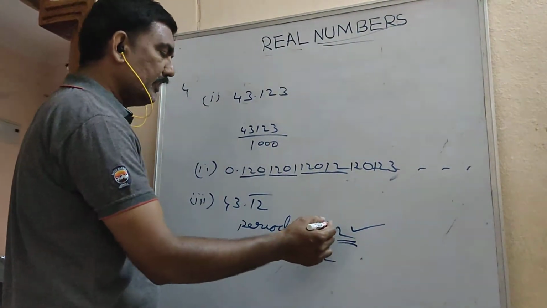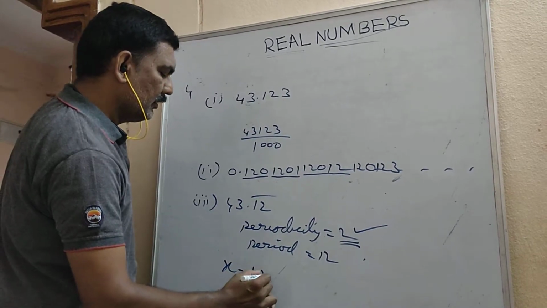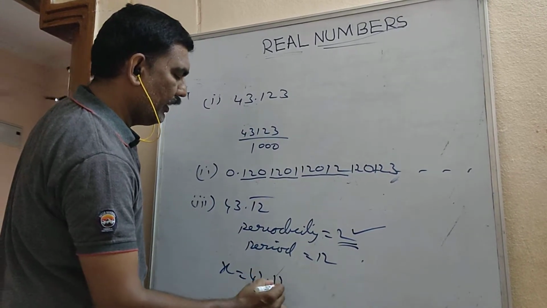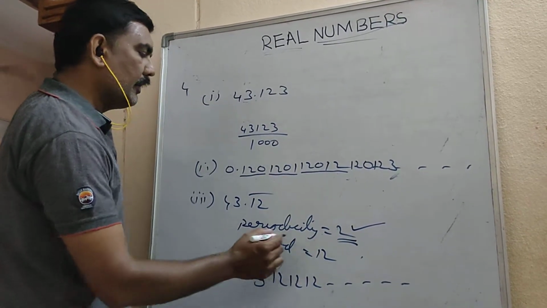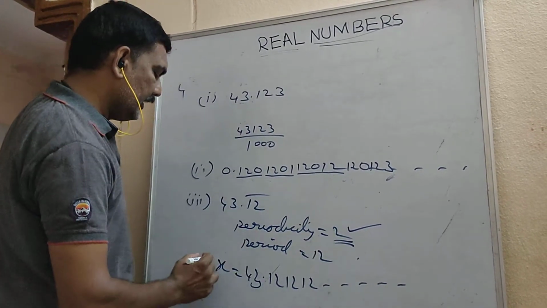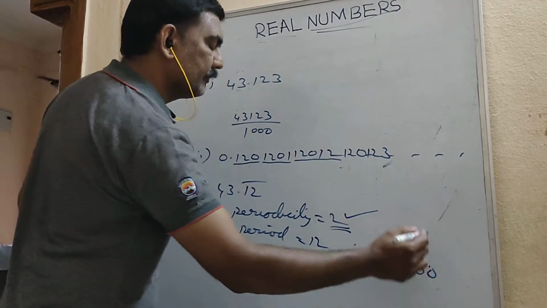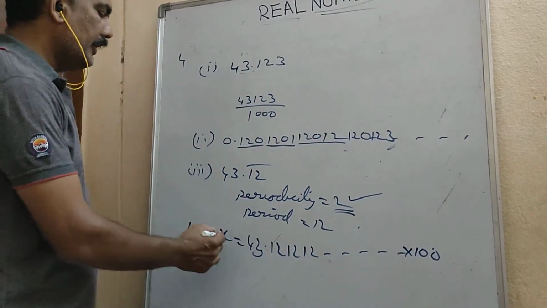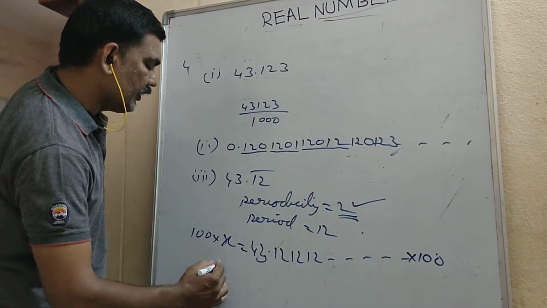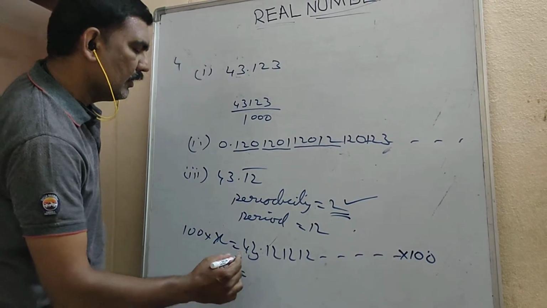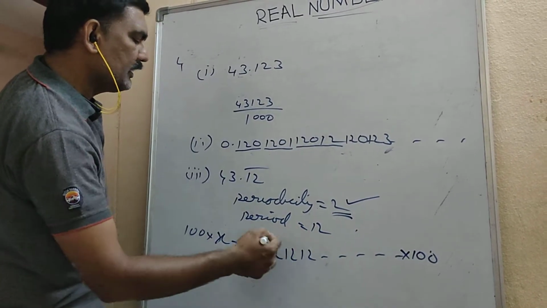If periodicity is 2, first assume this number as x, 43.121212, etc. Since periodicity is 2, you have to multiply with 100 on both sides. So 100 into x is equal to this much. 100x, and if you multiply the point with 100 it goes 2 digits later.